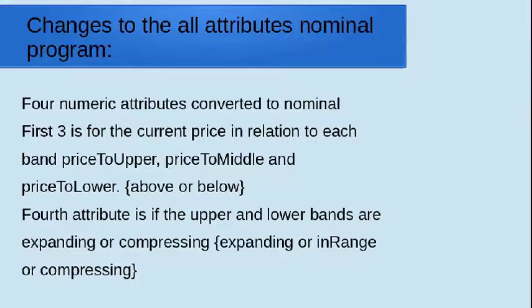The first four numeric attributes will be converted to nominals, where the first three will represent the current price in relation to each of the bands, upper, lower, and middle, and the attribute value will be either above or below. The fourth attribute will be based on the upper and lower bands' distance from each other to determine if the bands are expanding or compressing, and they'll have three attribute values: expanding, in range, or compressing.